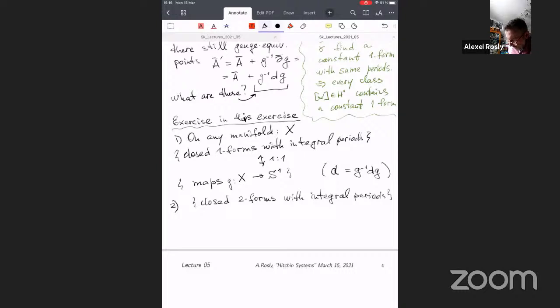For any closed form with integral periods, I can construct a topological line bundle with connection.